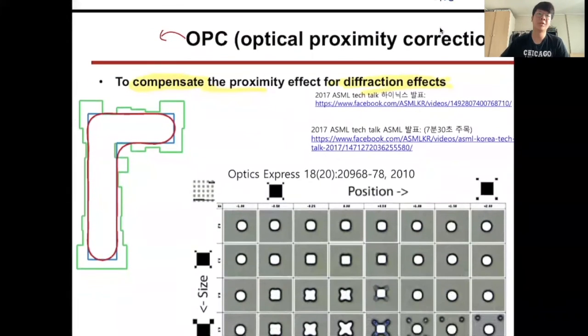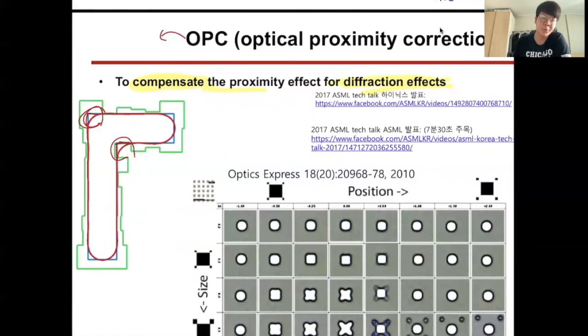So there is OPC, optical proximity corrections. There are limitations using PSM or ARCs. Using patterns like these, there can be more exposed areas and less exposed areas.